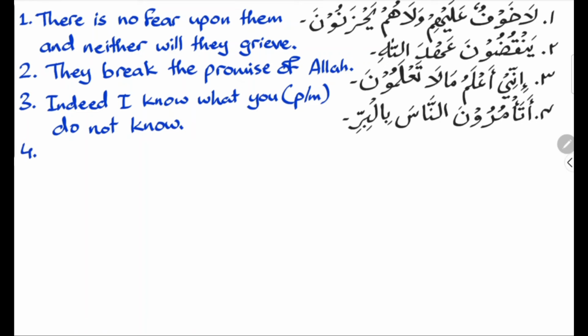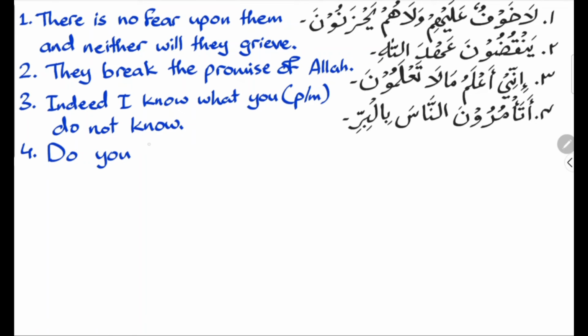Number 4. أَتَأْمُرُونَ النَّاسَ بِالْبِرِّ. Amara means to order or to instruct or to command. تأمرون is on the wazn of تفعلون, which again is jama' mudhakkar hadir. Is coming as a question, so you have to add the are, or do you.